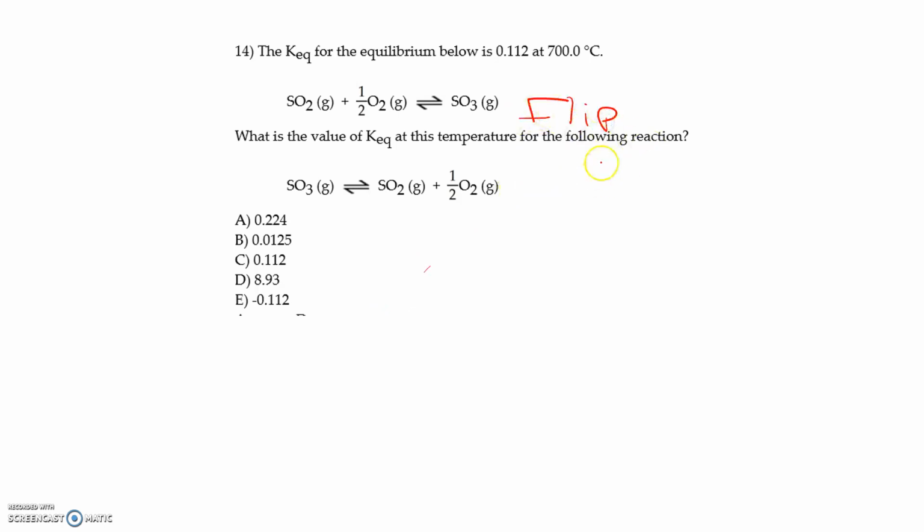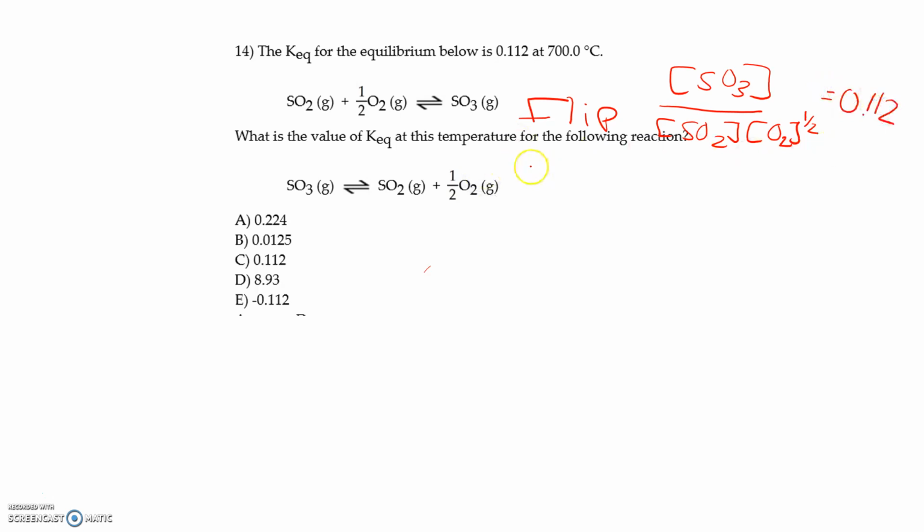So since they flipped it, if I were to look at the equilibrium constant, this would be SO3 over the concentration of SO2 times the concentration of O2 raised to the 1/2. I know that this is equal to 0.112 because they told me that.